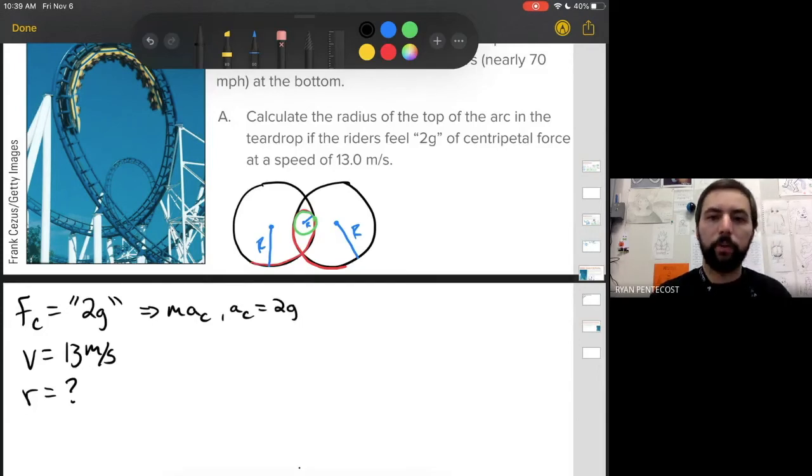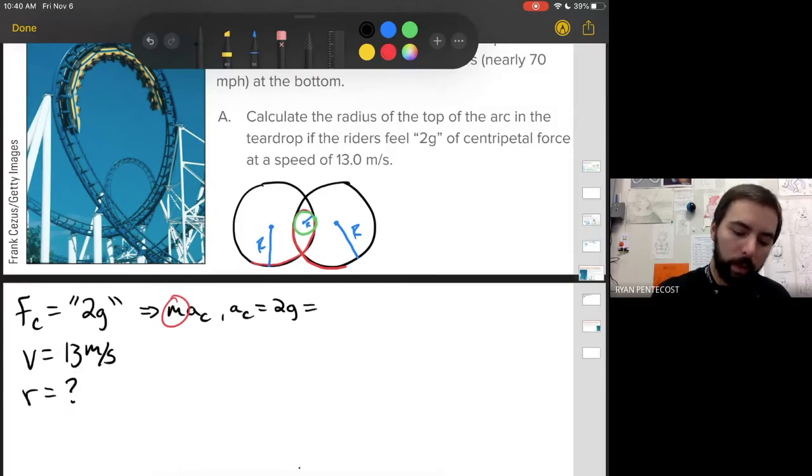G is acceleration, not force. So depending on your mass, everyone's 2G will actually look a little different force-wise. But acceleration-wise, everyone experiences 2Gs of centripetal force when your acceleration is 2 times 9.81 meters per second squared.